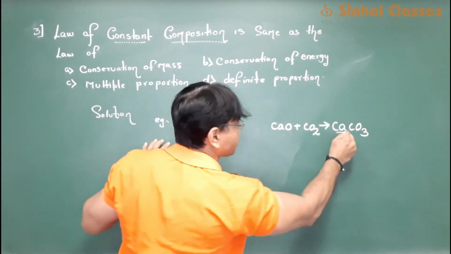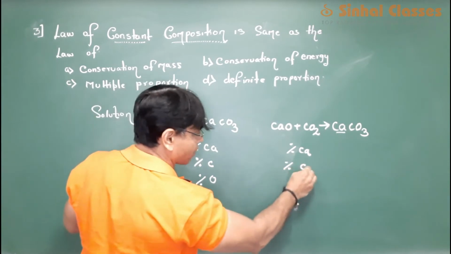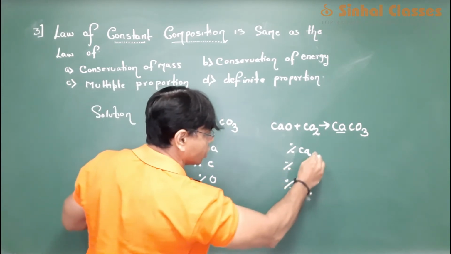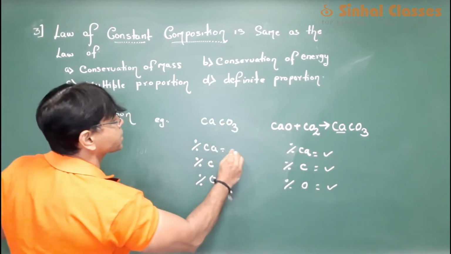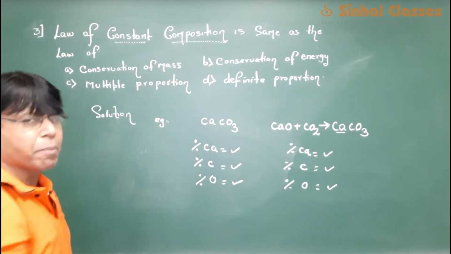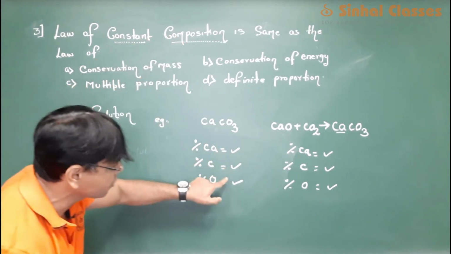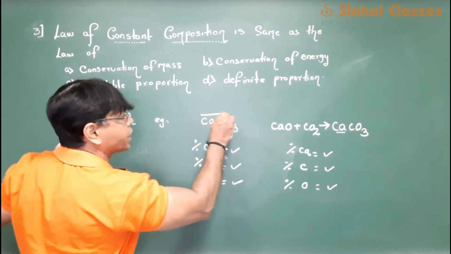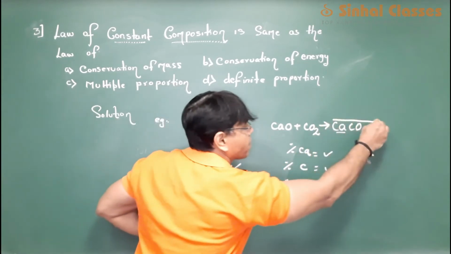So when you take out the percentages, both will match each other. So the law of constant composition says the percentage will remain the same whether you take it from the natural condition or artificially prepare it.